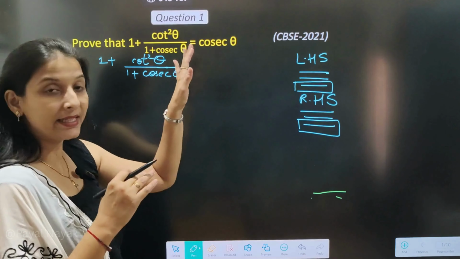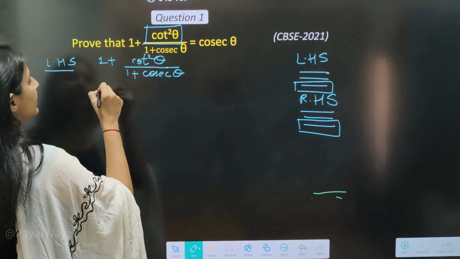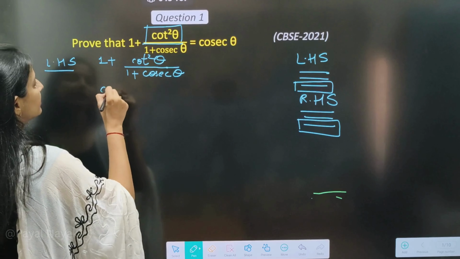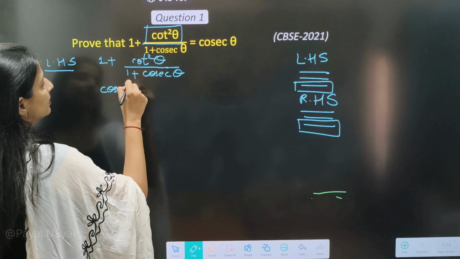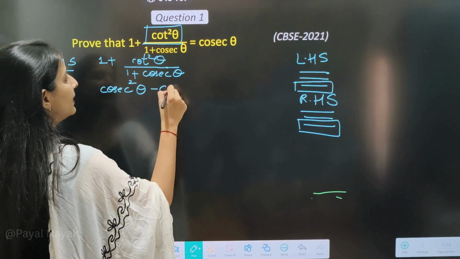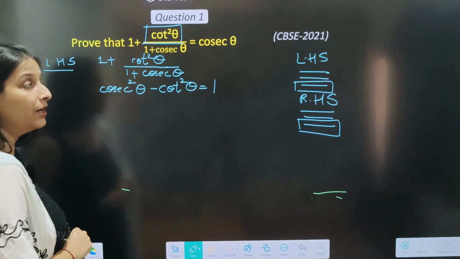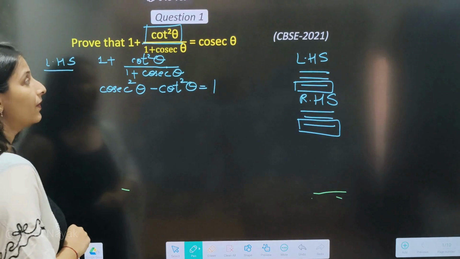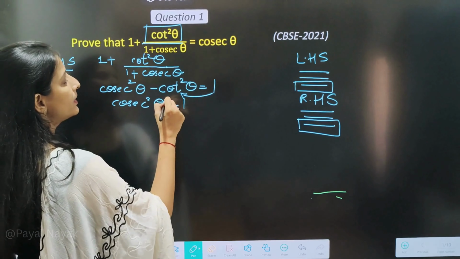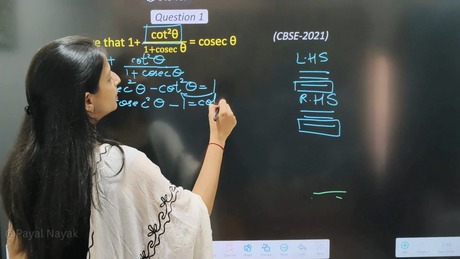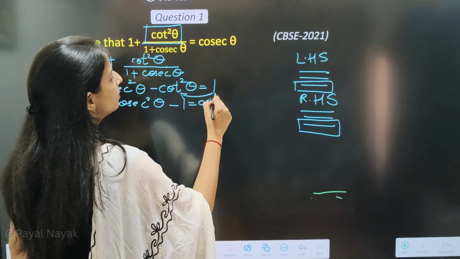So now you have already studied an identity. What is the identity? Cosec square theta minus cot square theta is equal to 1, right? Now here I want cot square theta. So can I write this as cosec square theta minus 1? This 1 will come on this side: cosec square theta minus 1 is equal to cot square theta, right?